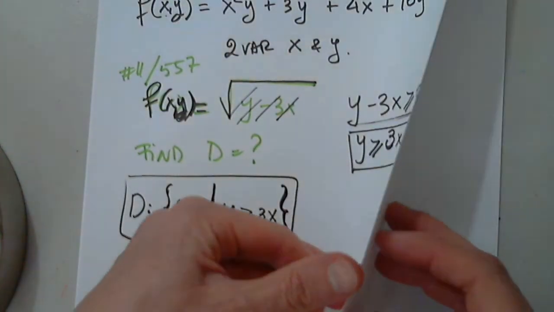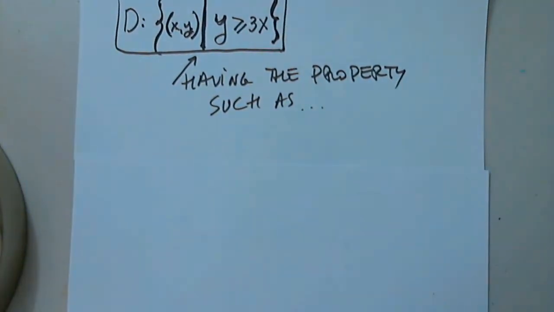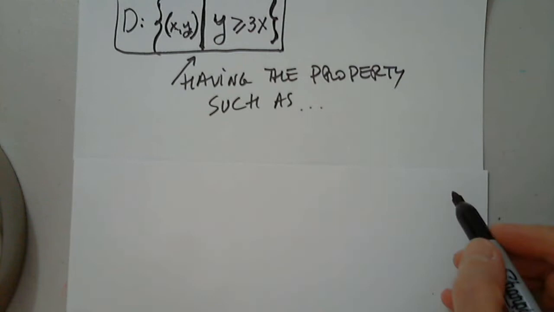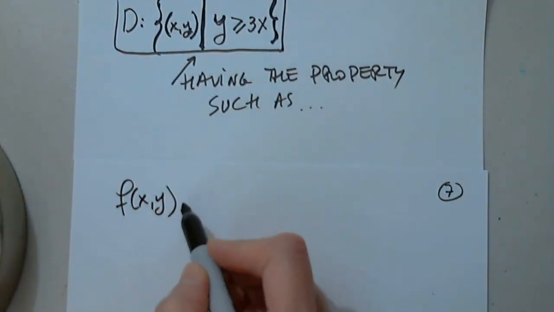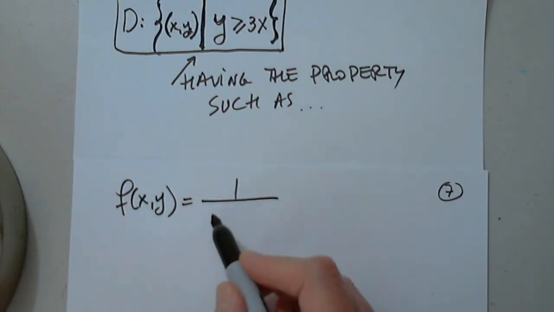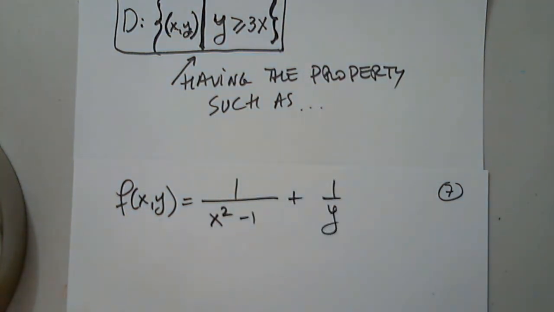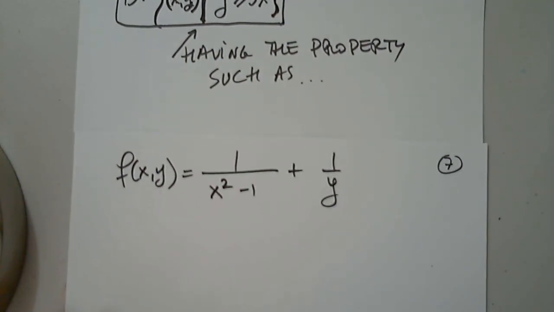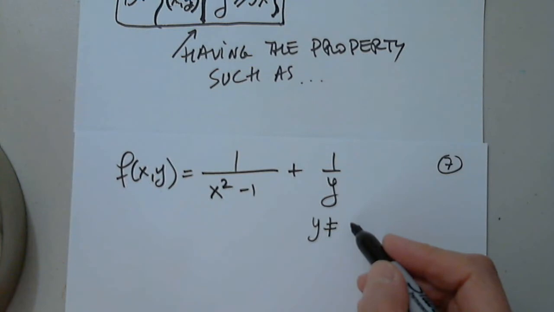Here is another domain. Allow me to make one up this time. So let's say I have a function of two variables, 1 over x squared minus 1 plus 1 over y. Well, I know that y cannot be 0.